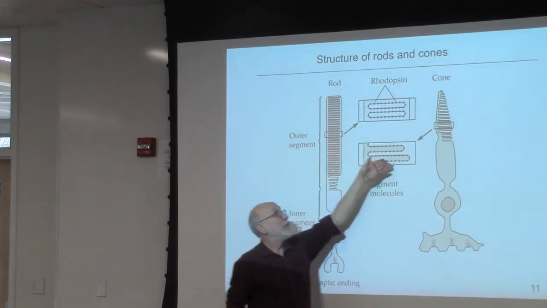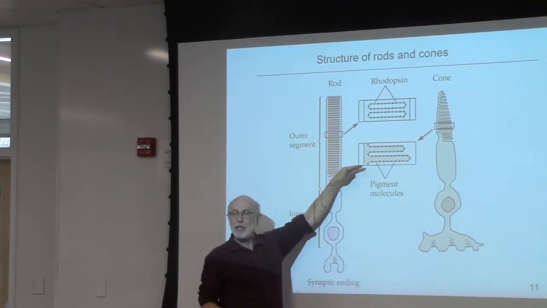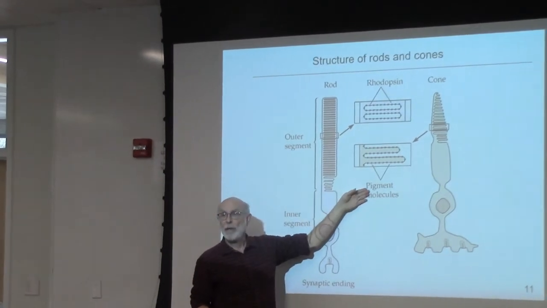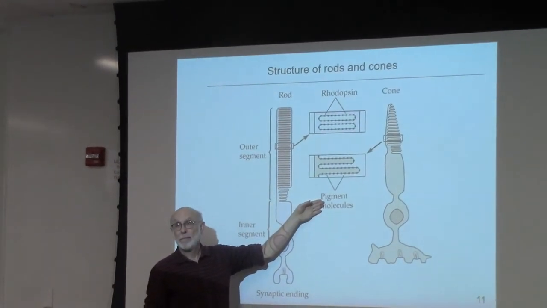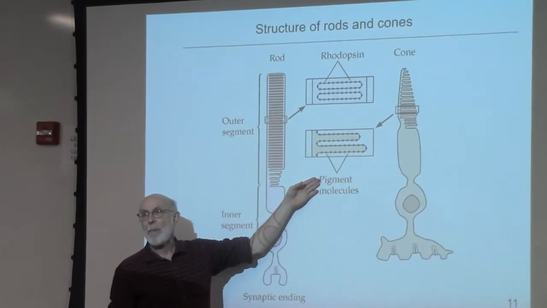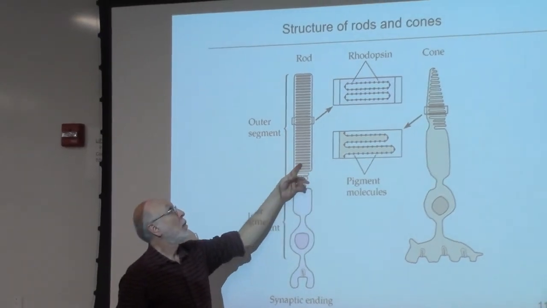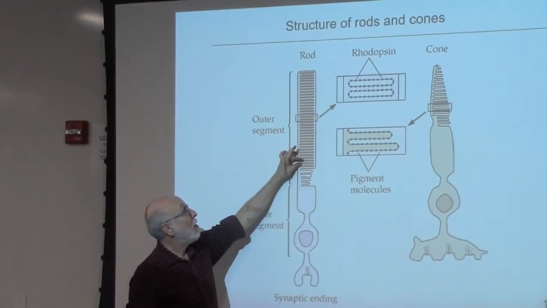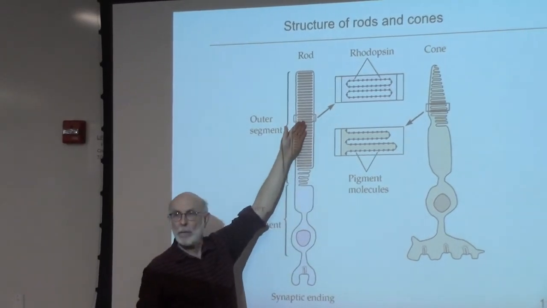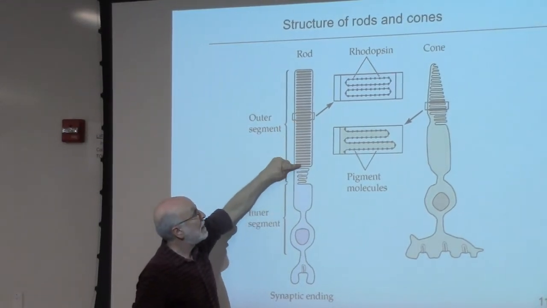In the outer segments of both rods and cones, there is a specialized membrane that contains the molecules that absorb light. In this cartoon, it's called pigment molecules. I'm going to call them opsins. In the rods, the opsins are in these discs that are inside the rod.